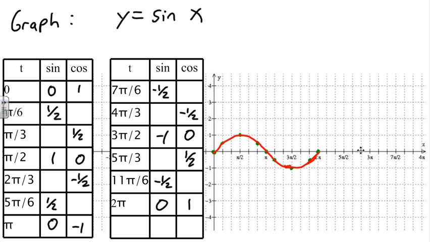It would continue at these increments, so it would be back at 0 at these places, peaking there in the middle, and down here. So if you can, draw in the halves as well.